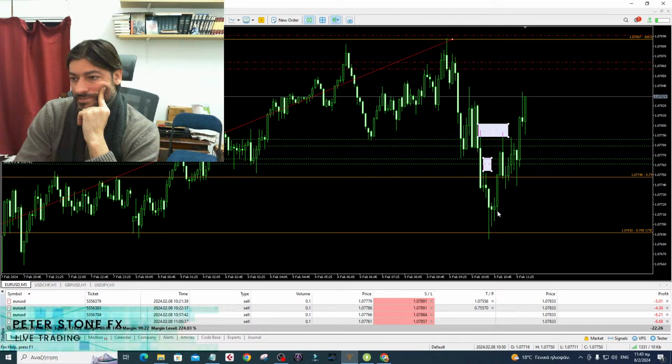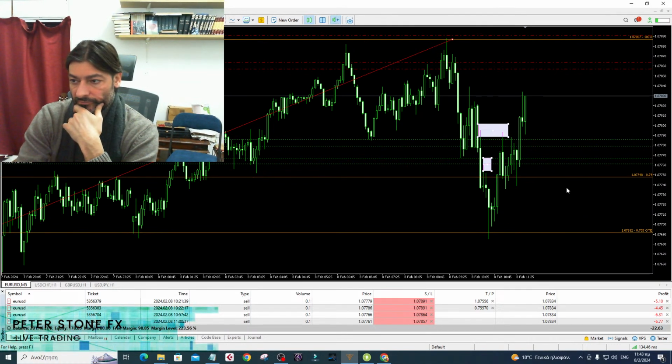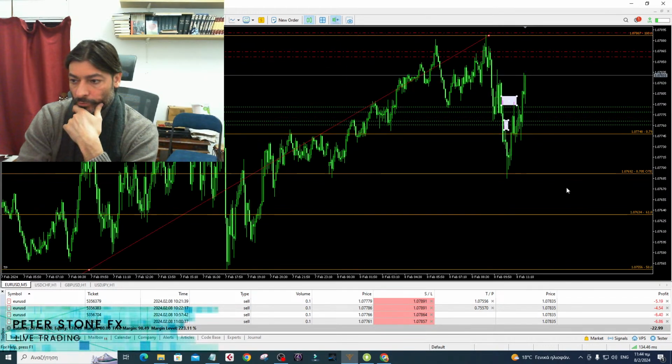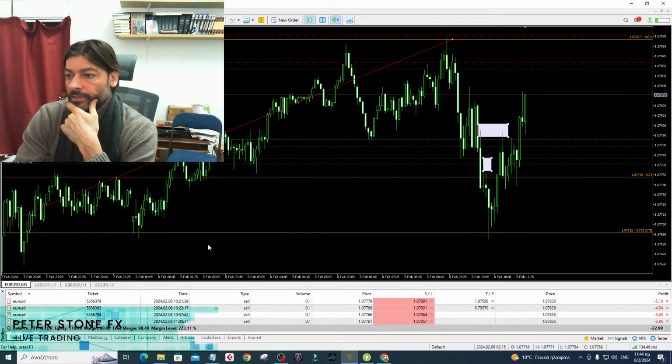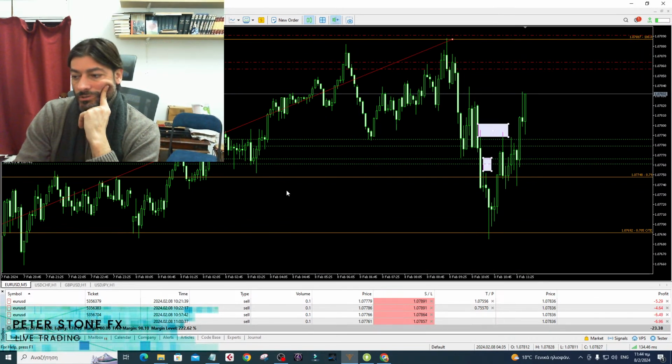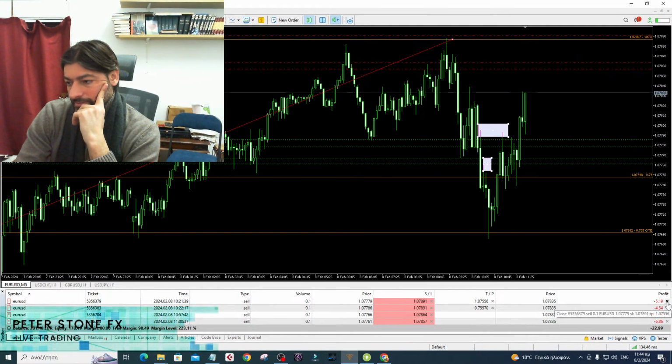Then we have the second higher move so that they can sell from a higher price and then turn price in a very dynamic way to those lows down here. So this might be the scenario because I don't like this candle at all. So I might close the trades, at least in my live account.